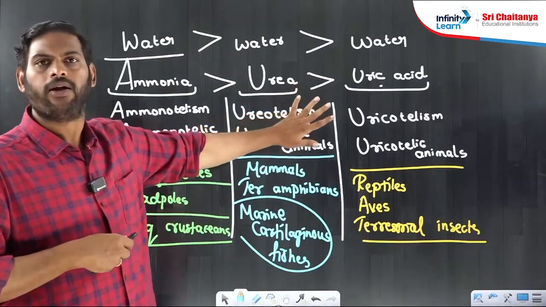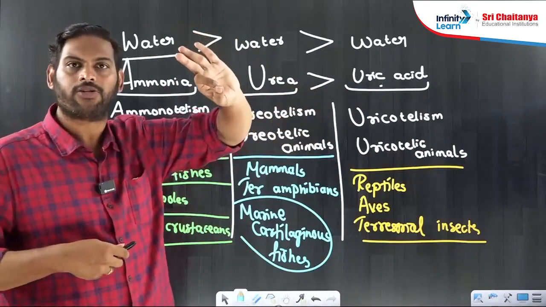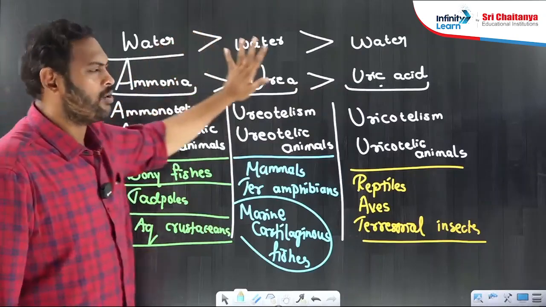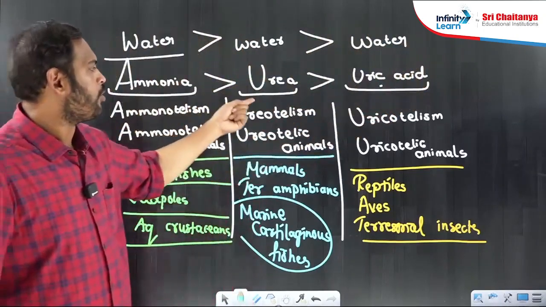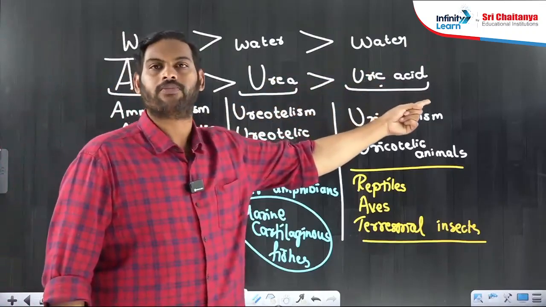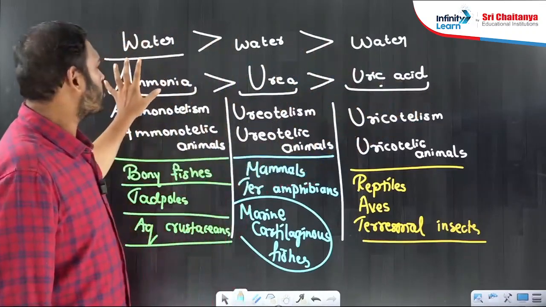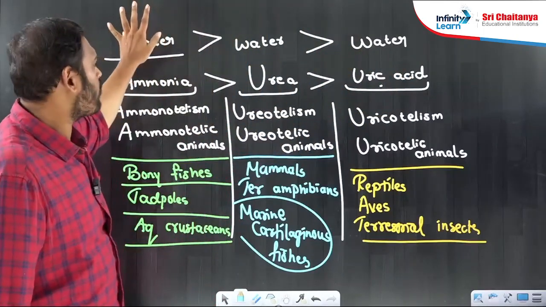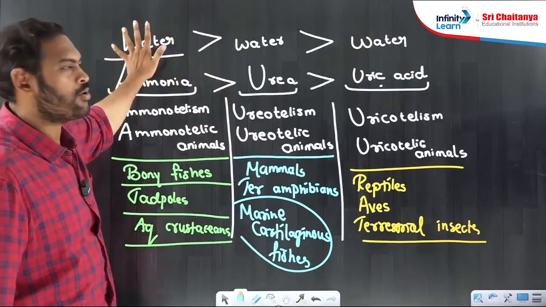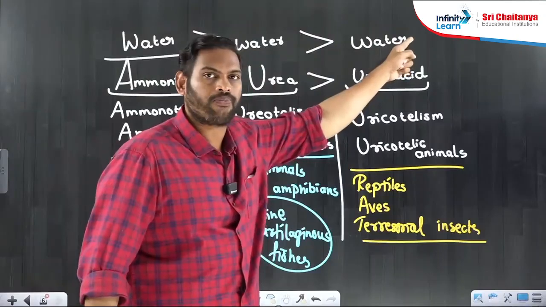Very good. Am I clear to this point? So 3 types of nitrogenous waste: ammonia, urea, uric acid. Ammonotelism, ureotelism, uricotelism. Most toxic, least toxic. Most amount of water used, least amount of water used.